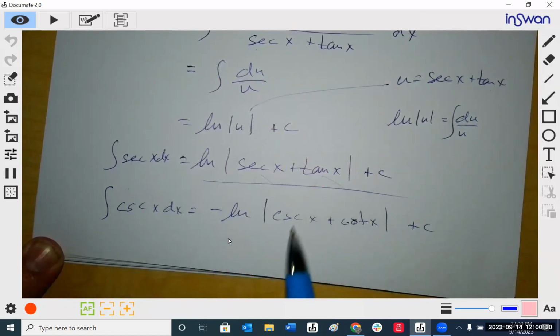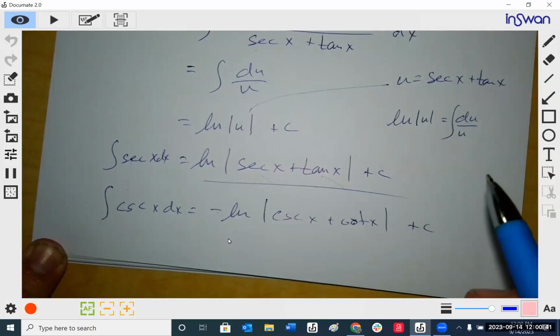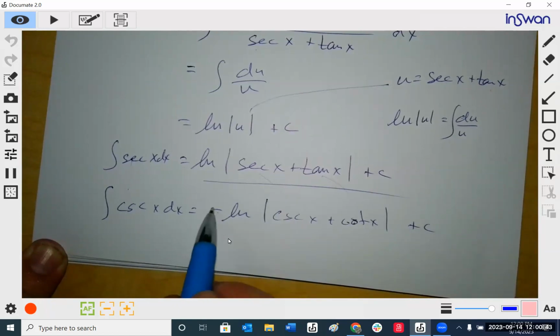That's how cosecant and secant are related. Instead of being negative, can we say natural log of absolute value of cosecant x minus cotangent x? With a minus in front?